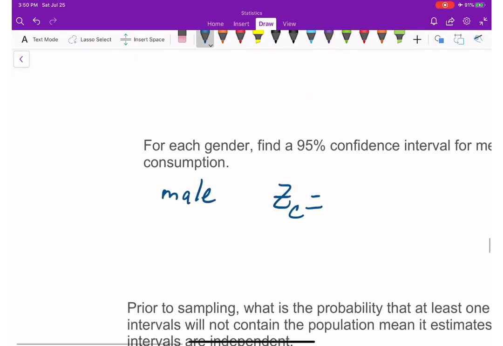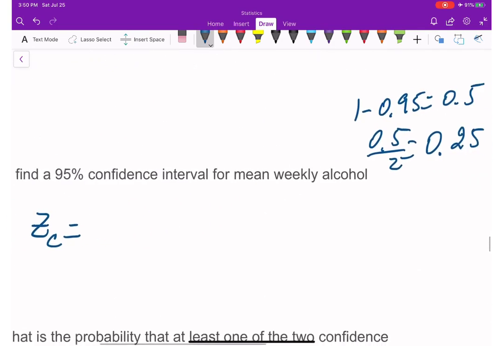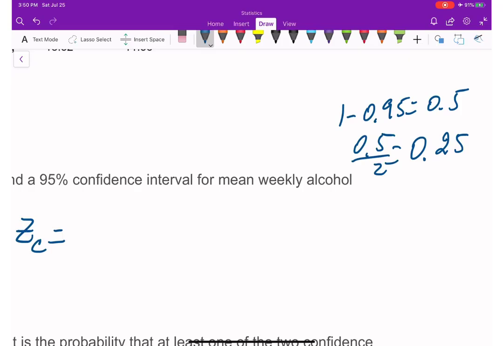Hold on. I think I did something wrong here. Yeah, of course. 0.05, 0.025.